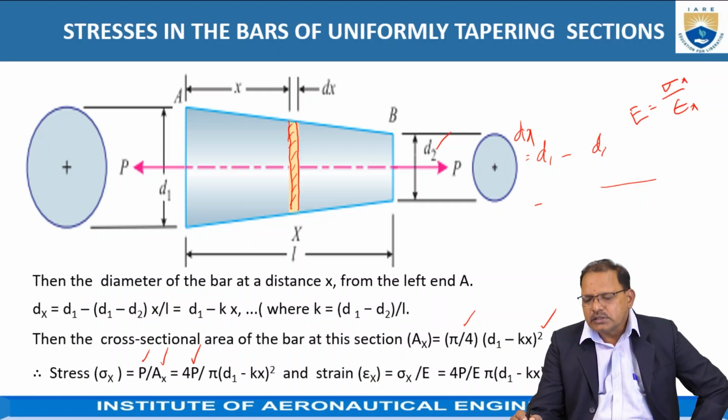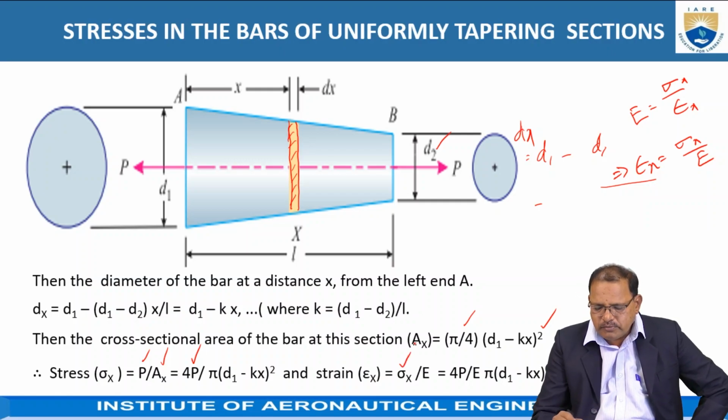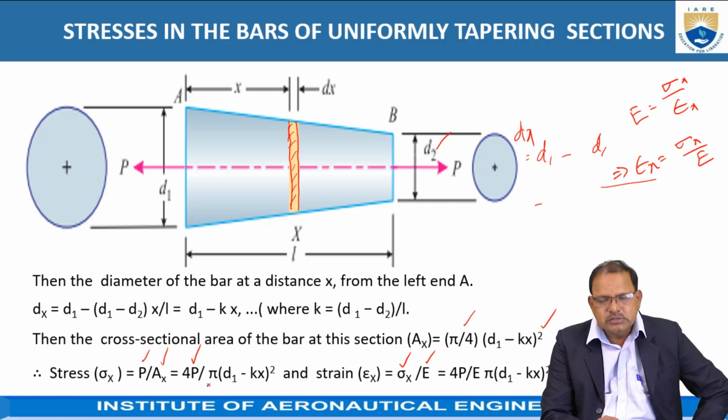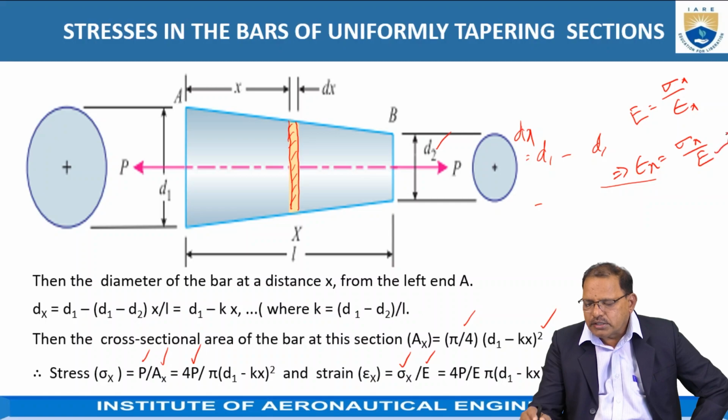So strain epsilon x equals sigma x divided by E. Sigma we have already determined: stress is 4P divided by pi (d1 minus kx) whole square, so strain equals 4P divided by E pi (d1 minus kx) whole square.